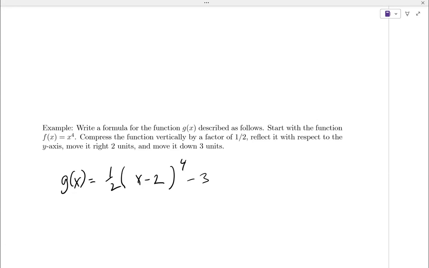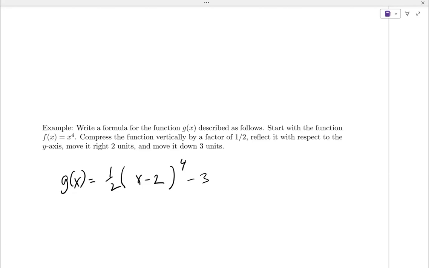Finally, notice I handled the reflection on the inside last, only because I made sure I mentioned the next piece. Reflection across the y-axis affects what? X's or y's? The horizontal transformation or a vertical transformation? Horizontal, right? Flipping it this way, right? If it affects the x's, it needs to go on the inside, right?